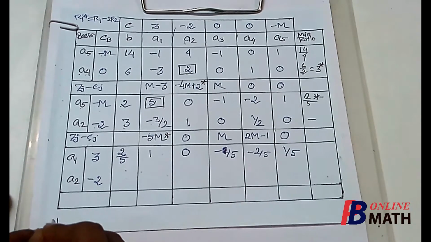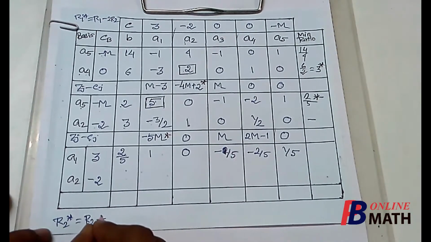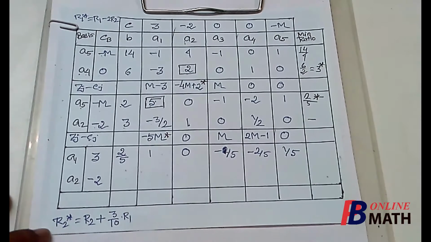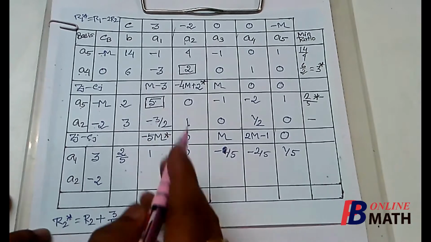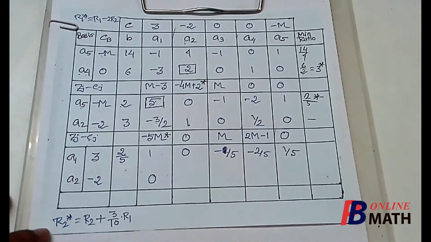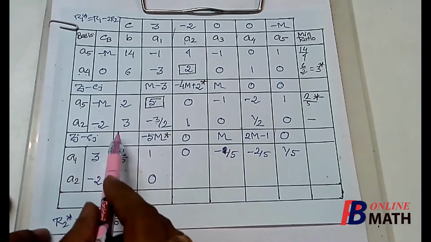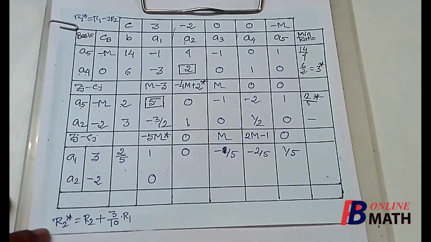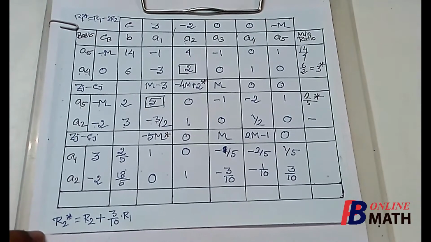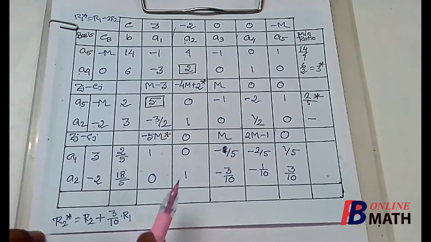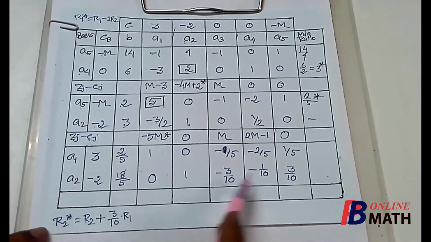For that we shall apply this operation R2 star equal to R2 plus 3 by 10 into R1. If we apply this row operation, then this element will be 0. Now using this row operation we have computed all the values of this row.